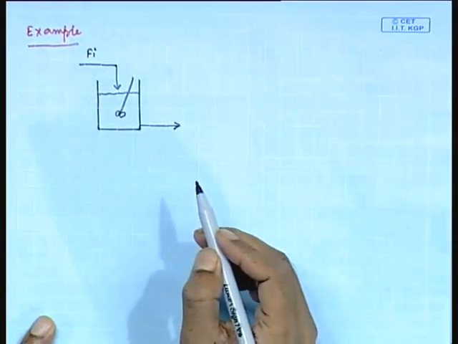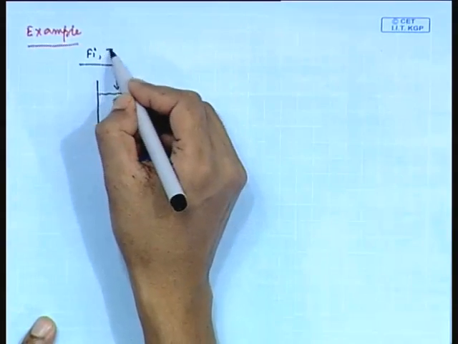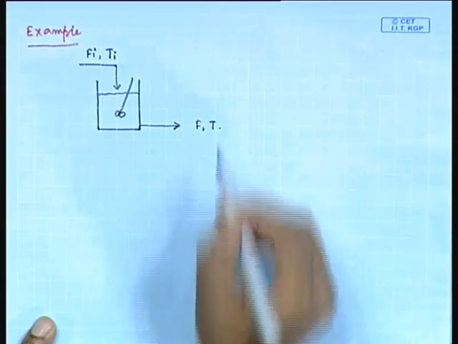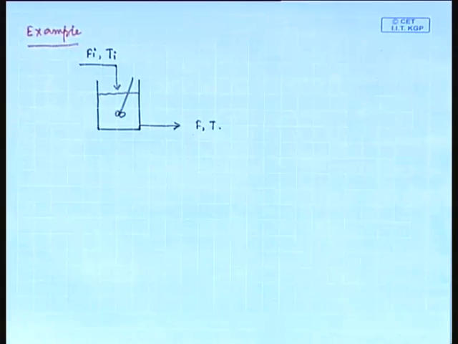Fi is the input flow rate, Ti is the temperature, F is the outlet flow rate and T is the temperature.